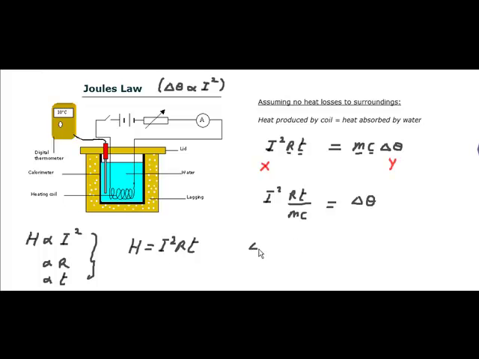Or I do it the other way around, delta theta is equal to RT over MC times I squared. And now it's in the more familiar mathematical format, which is y equals mx plus c.